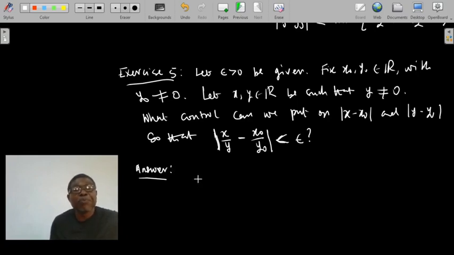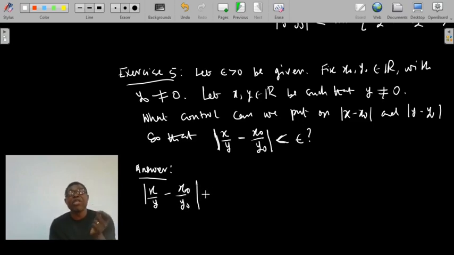Again, we'll do the following estimate. I'll start by looking at the absolute value of x over y minus x naught over y naught. Of course, even though I didn't mention it earlier, we assume that y naught is not equal to 0, but it's good we mention it now.